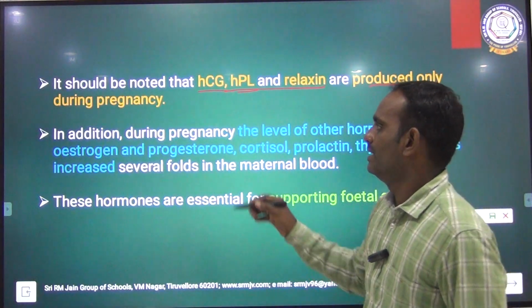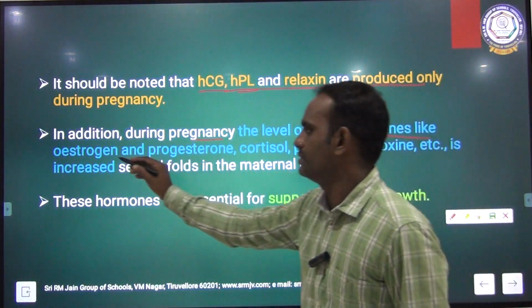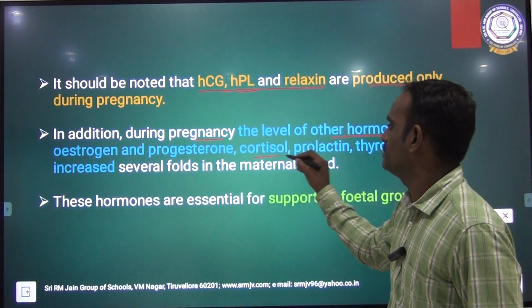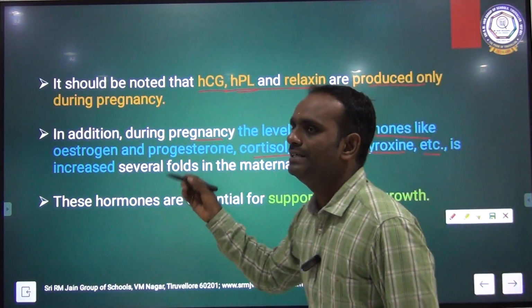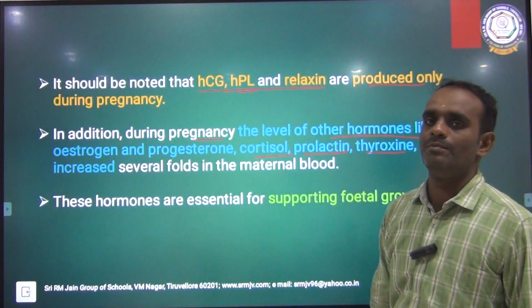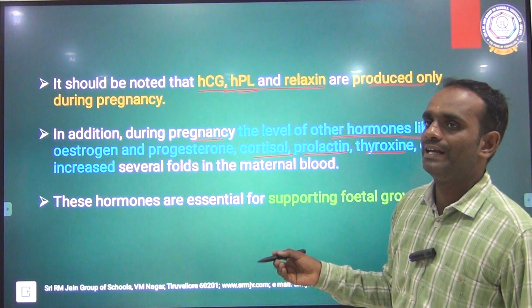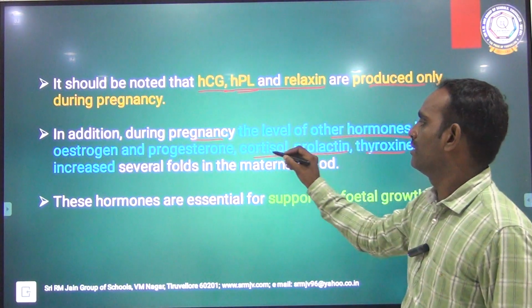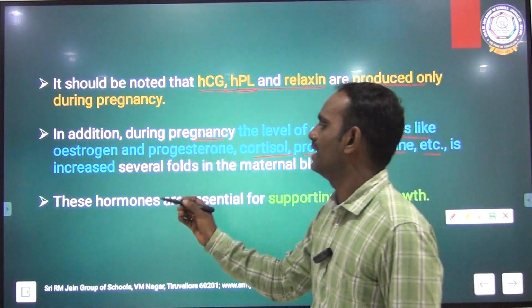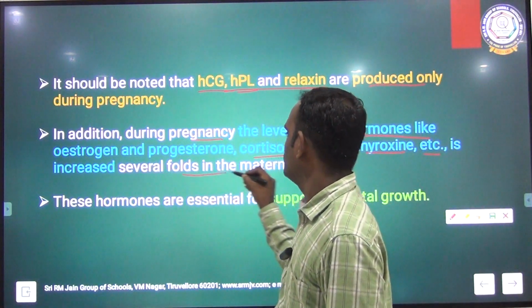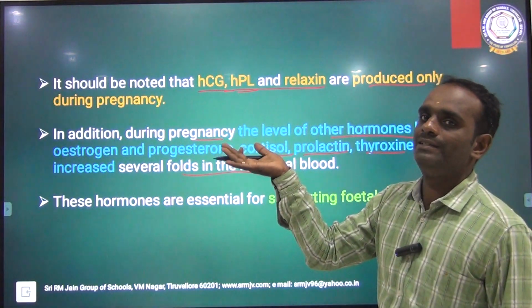In addition, during pregnancy, the levels of other hormones such as estrogen, progesterone, cortisol, prolactin, thyroxine, etc., are increased several folds in the maternal blood.